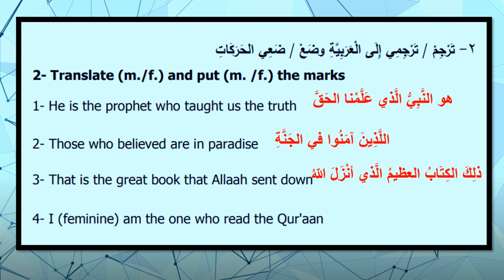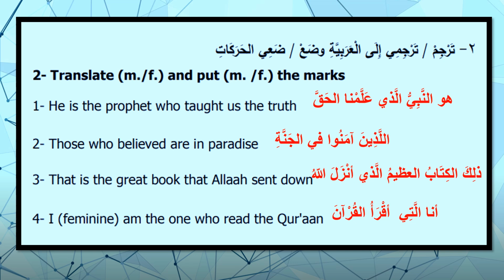So the next one is: I am the one who reads the Quran. So this I is for feminine. So let's check the answer. Ana allati. Now why has allati been used? Because they have distinguished that this I is for feminine. So that's why allati. I am the one who reads, aqra'u al-Quran.